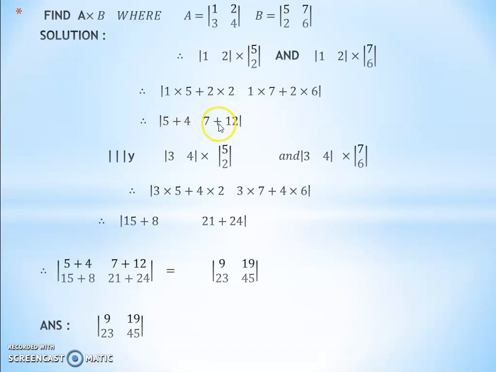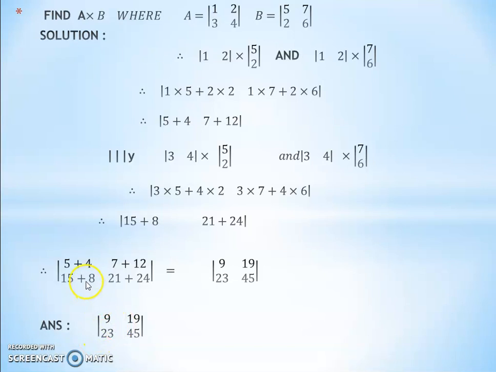So we write the first row of our A into B matrix: 5 plus 4, 7 plus 12. Next, 15 plus 8, 21 plus 24. 5 plus 4 is 9, 7 plus 12 is 19, 15 plus 8 is 23, 21 plus 24 is 45.